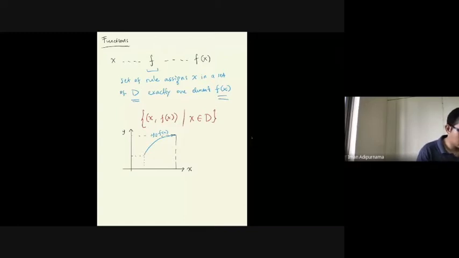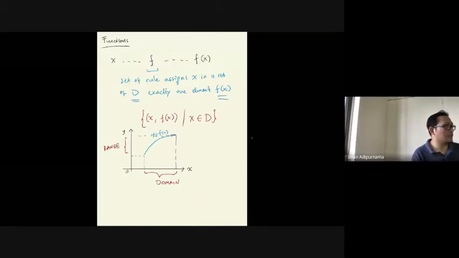So what does the domain mean? The domain is here, and the range is here. I think this graph is way better to look at.